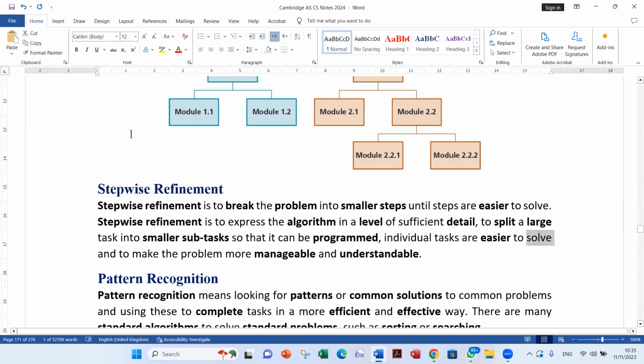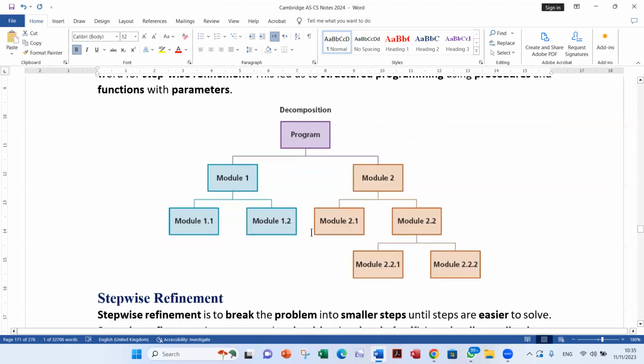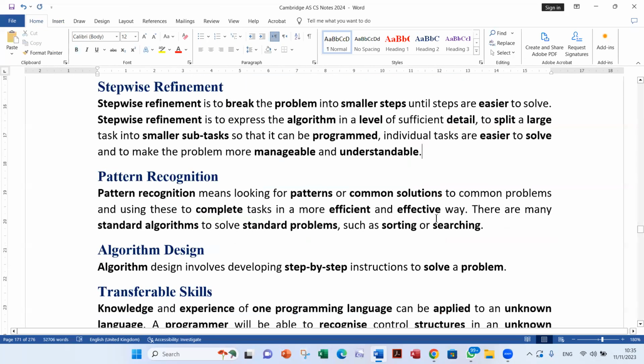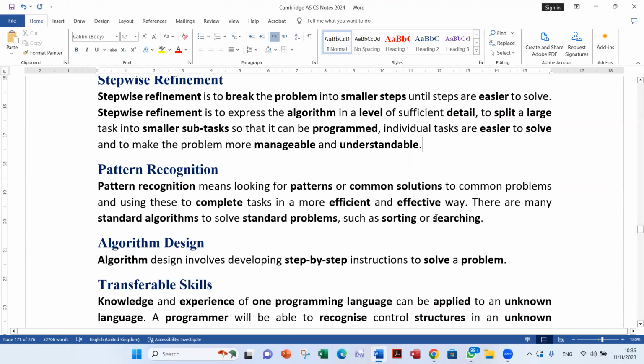So these are advantages of stepwise refinement or decomposition, or we also call it modular programming. It makes the problem more manageable and understandable. Very soon, I will refer to past papers, but please allow me to explain a significant part first, because questions are a mix of these ideas.